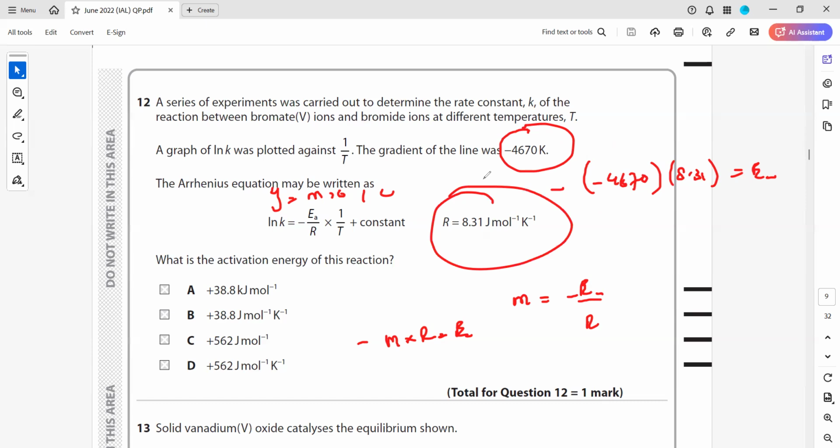So the final answer will be in joule, and then you can convert into kilojoule by dividing by 1000. So it matches with option A. How many questions are there? 3 more. So the answer is in joule, but you divide by 1000 to convert into kilojoules.